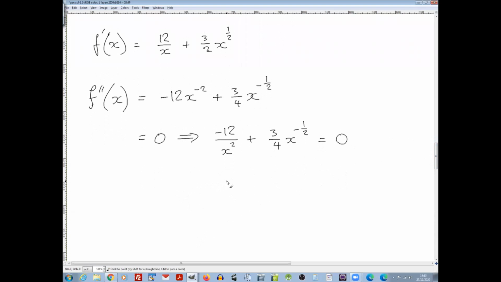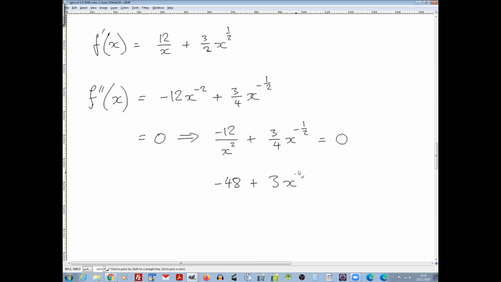Okay, so then we've got minus 48 plus 3 x to the, so multiplying those, wouldn't you say to the 1.5?